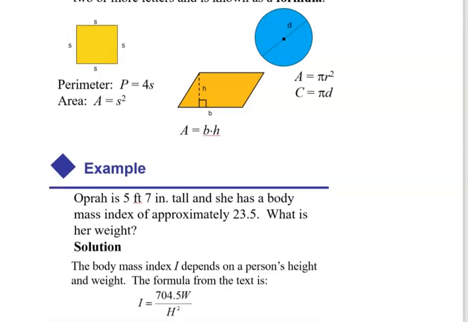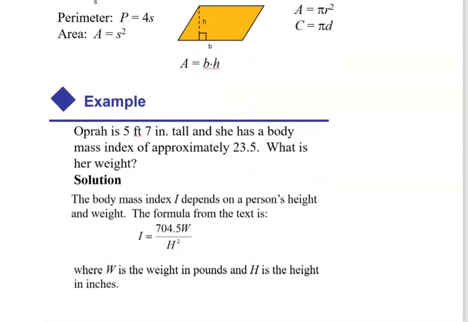So the first example says, Oprah is 5'7" tall and she has a body mass index of approximately 23.5. What is her weight? Well, they've given us a formula down here.